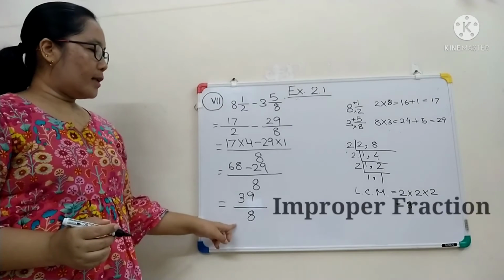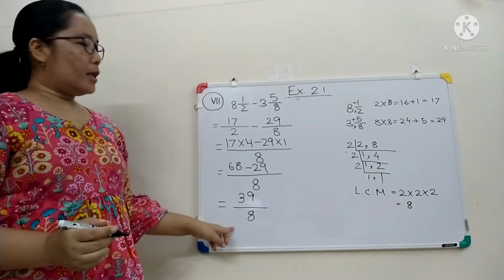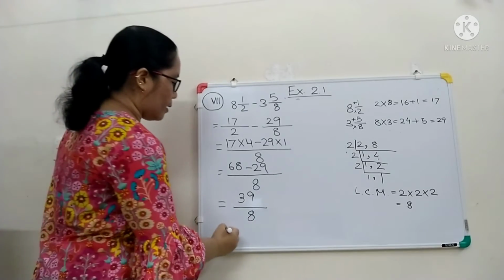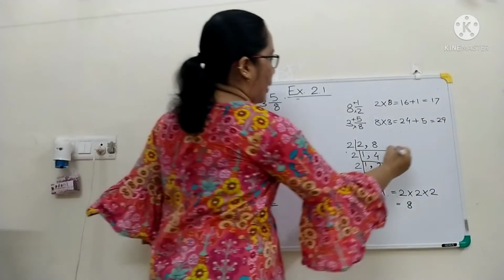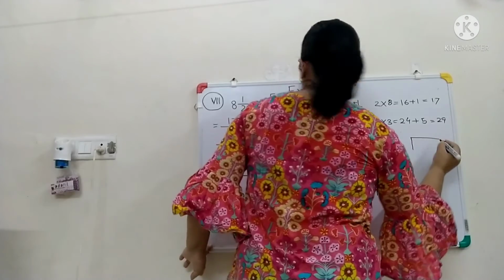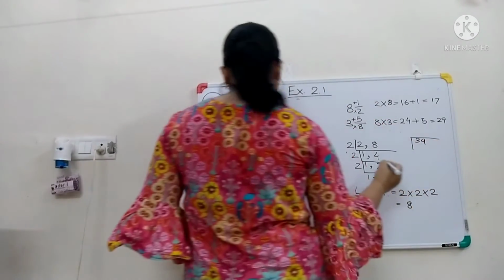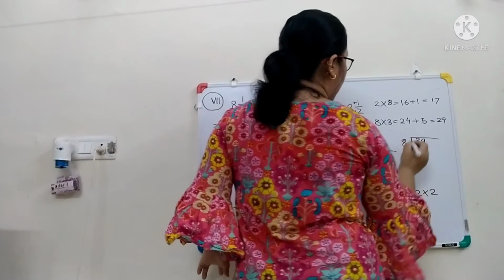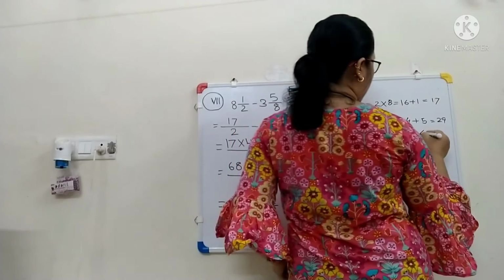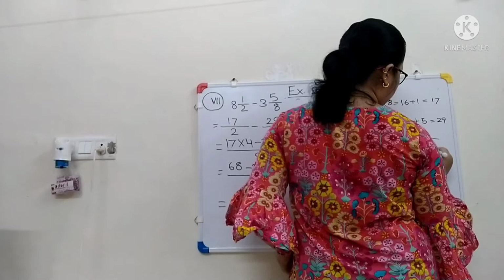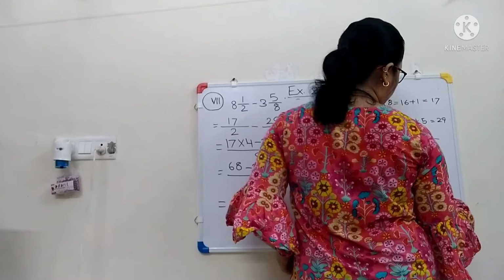So we have to convert it into a mixed fraction again. For that we will apply the same procedure, that is we have to divide the larger number by the smaller number like this. 8 4s are 32.